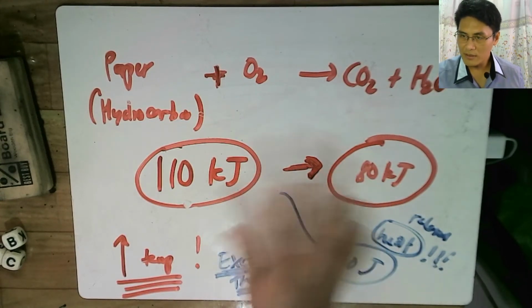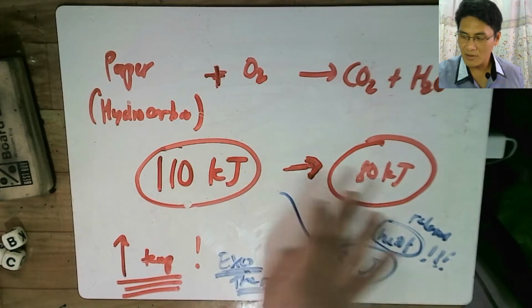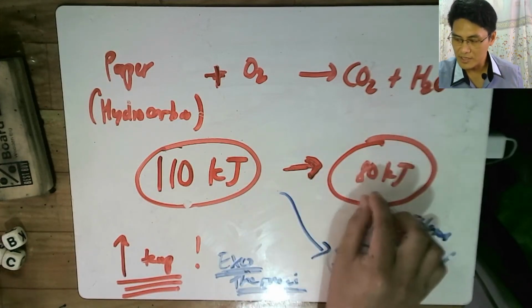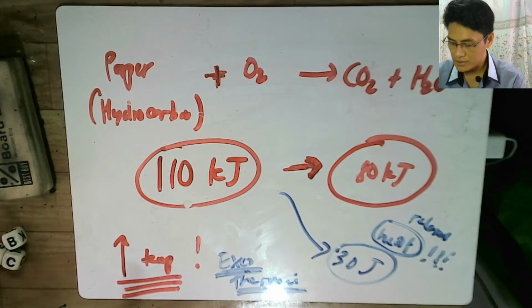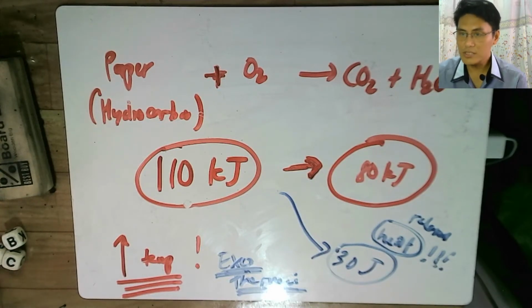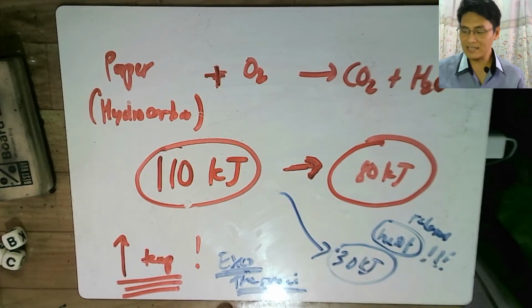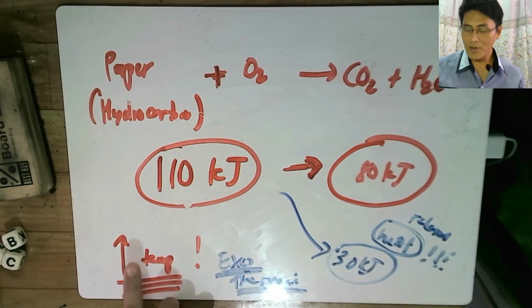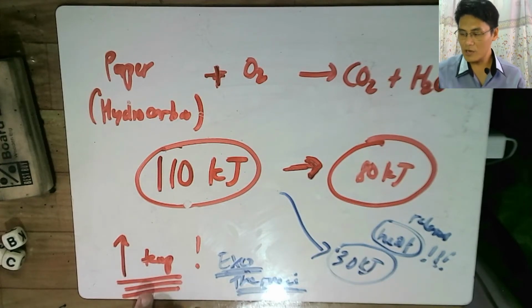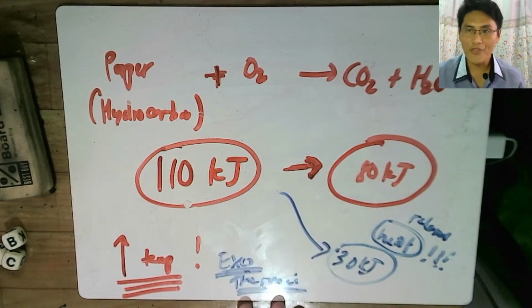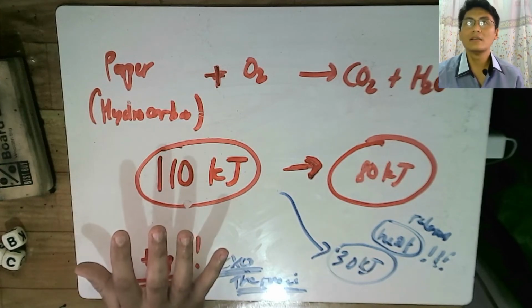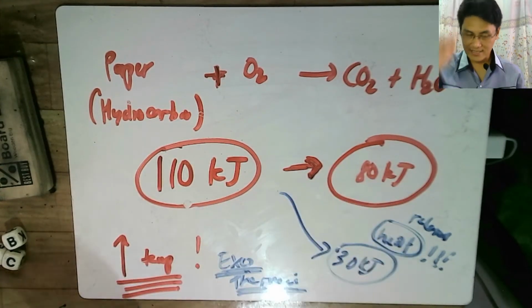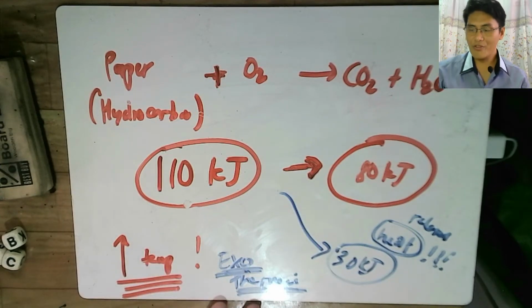And again, if you want a number illustration, 110, now it becomes 80 because the products have less energy. Guess what? 30 kilojoules must have been released. And that heat released would be felt as a rise in temperature, and therefore we call this an exothermic reaction. So all reactions that produce heat or raise the temperature are exothermic.